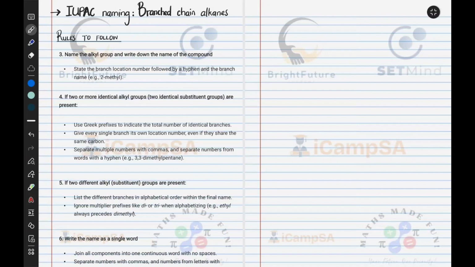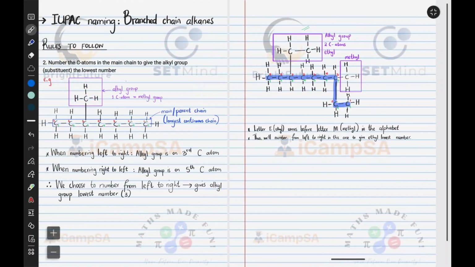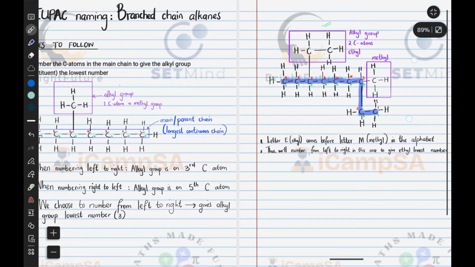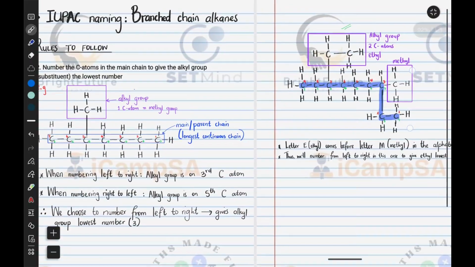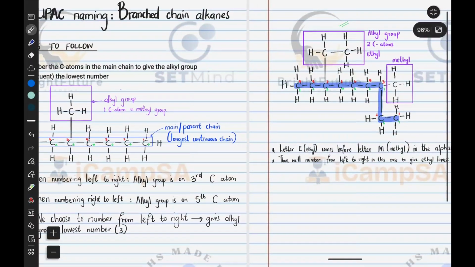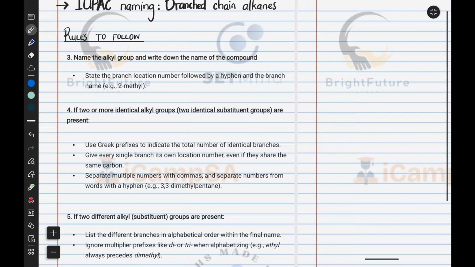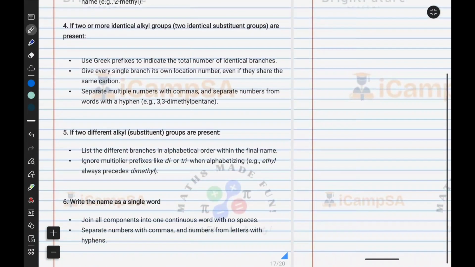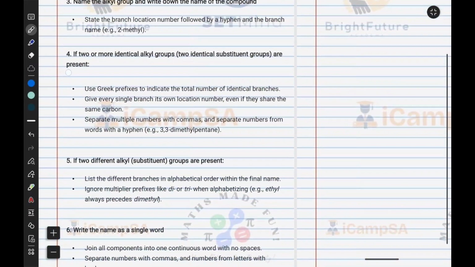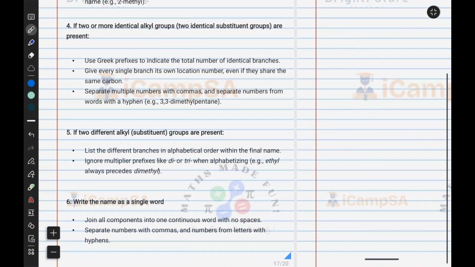But if we have two or more identical alkyl groups, so that's condition number 1, and none of our 2 examples have identical alkyl groups, okay, so that rule won't apply. And then number 5, it says if 2 different alkyl groups are present, so number 5 will apply but number 4 won't. And then lastly, number 6 will apply because we are writing now the name as a single word.